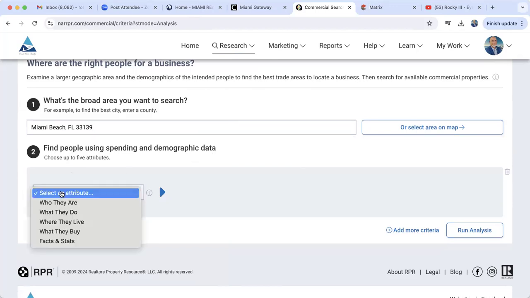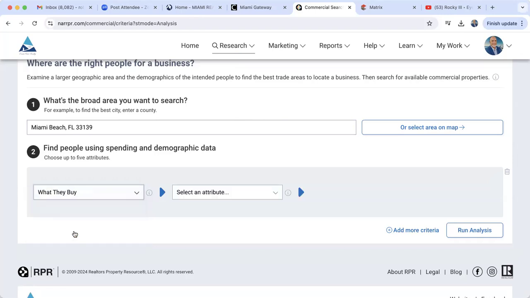So open here and we can search for people who they are. So we're going to learn more about the people that live at zip code 33139. What they do, we're going to learn more about the people where they work and what type of professions they have, where they live, in what areas do they live mostly, and what they buy. We can learn about their spending habits and facts and stats.